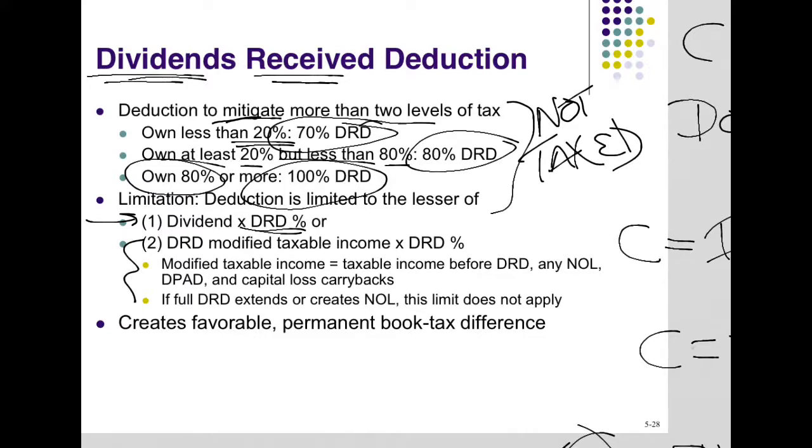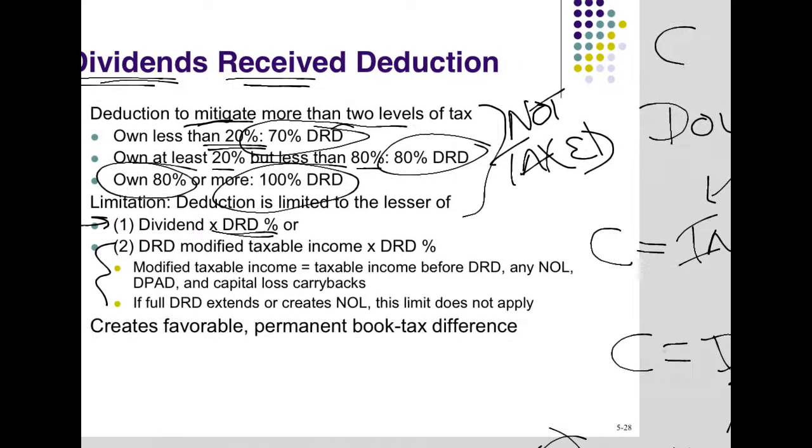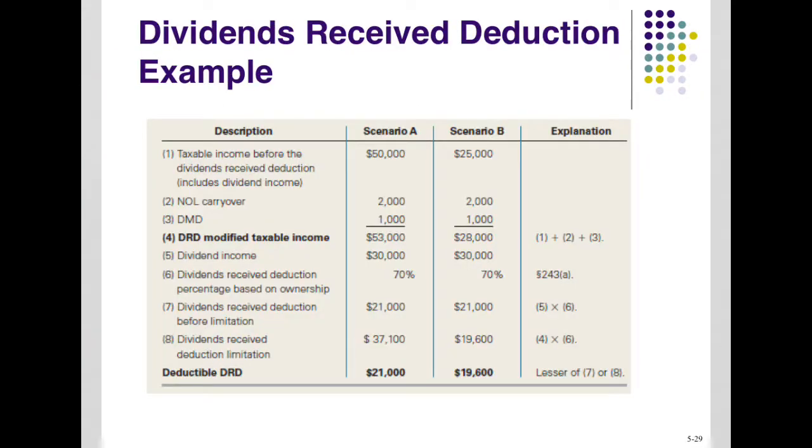I'm not saying I won't ask a question on it, and I might. So pay attention to these limitations. These are the type of limitations in this paragraph that I'd have to look up myself. I don't commit these to memory, so I would just understand that it exists, that it's another limitation on the dividends received deduction.